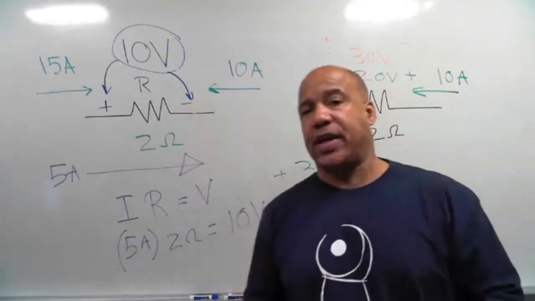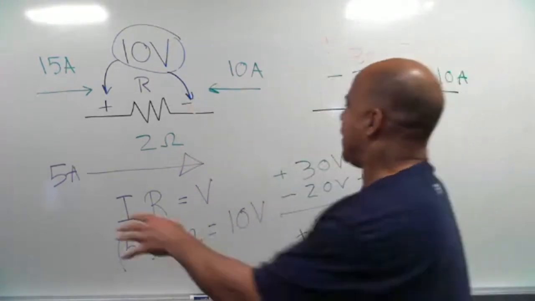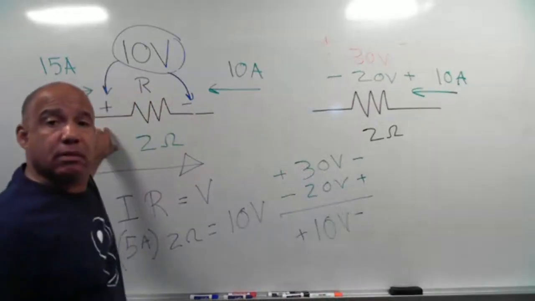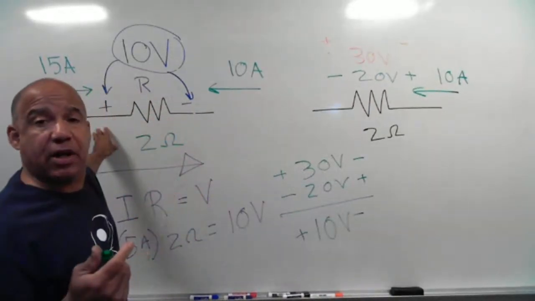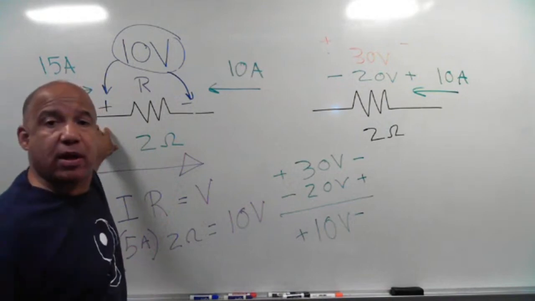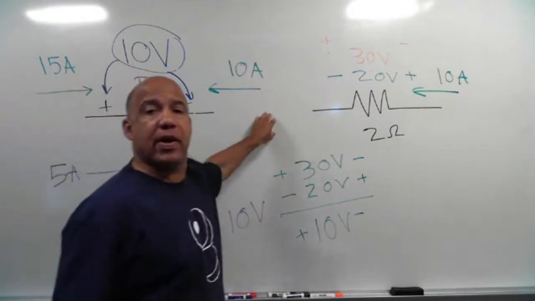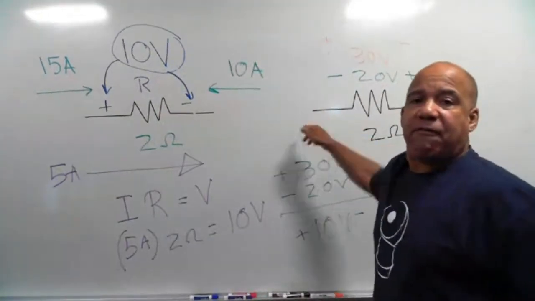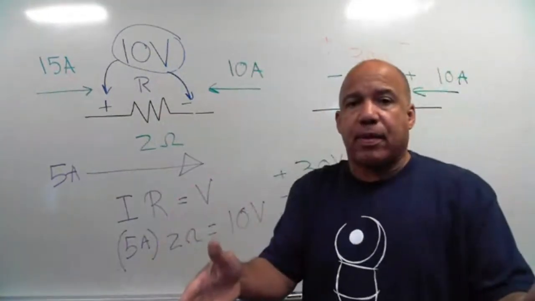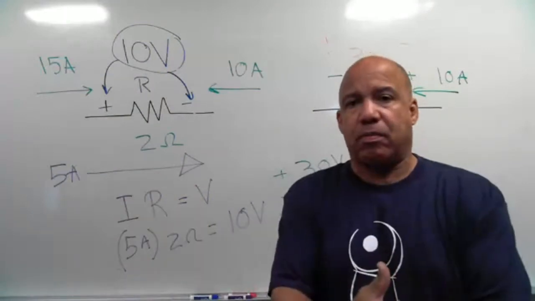And what this shows is this. You can find the net current in the circuit and get the voltage drop across the resistor. And once you have that voltage drop across the resistor, you can get power, whatever else you want. Or, what I did over here, we took each current independently, found the voltage for just that current, and then we combined them.